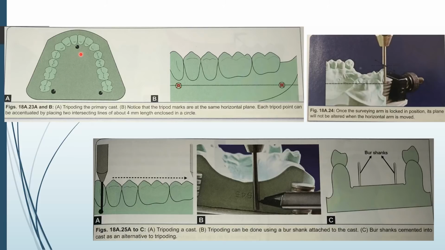Then the surveying arm is moved freely. Since the horizontal arm is locked to the vertical arm, the tip of the carbon marker will lie in the same single plane. As the surveying arm is moved, two additional points on the cast that come in contact with the carbon marker are marked.